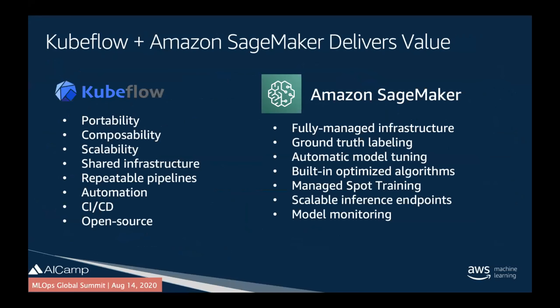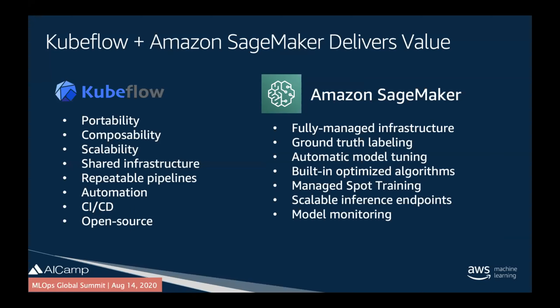And just to wrap up, Kubeflow plus Amazon SageMaker can really deliver a lot of value. On one hand, you have the Kubeflow project, which runs on Kubernetes, which gives you portability, composability, scalability, and all the other goodness of running workloads on Kubernetes.